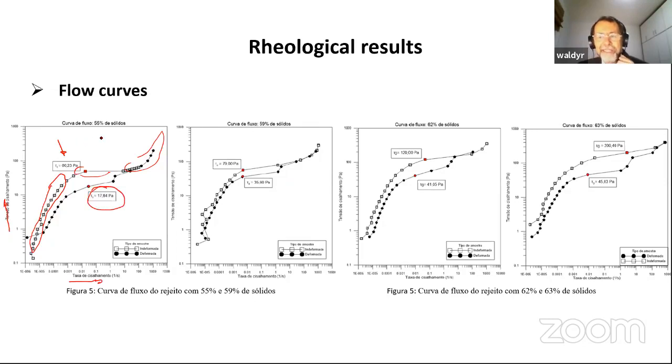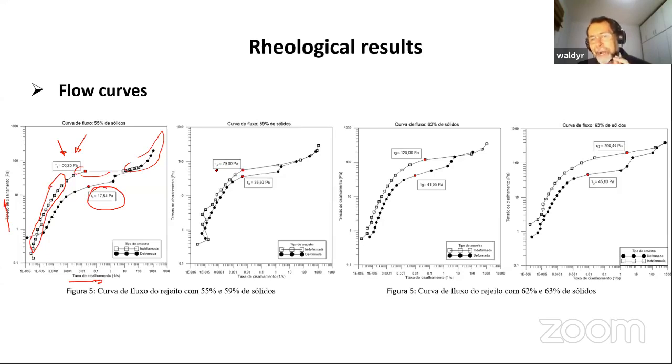In our dambreak analysis, we use this condition because that is the condition that really matters, because that's the condition of my material in the field, not this one that was produced in the lab, just mixing water with the solids and then getting the rheological data.